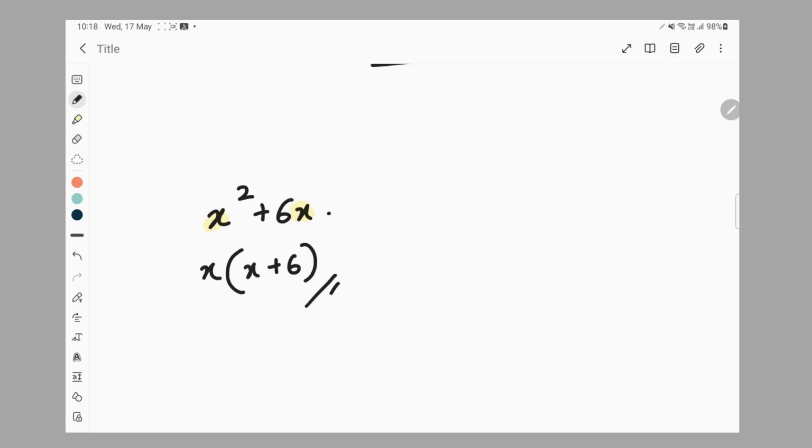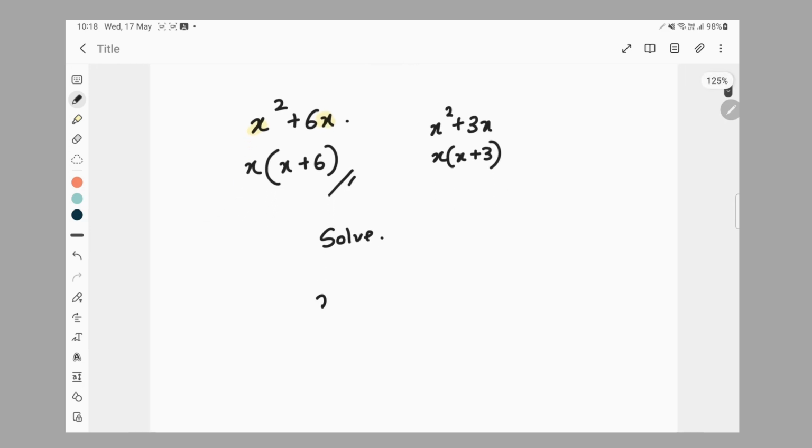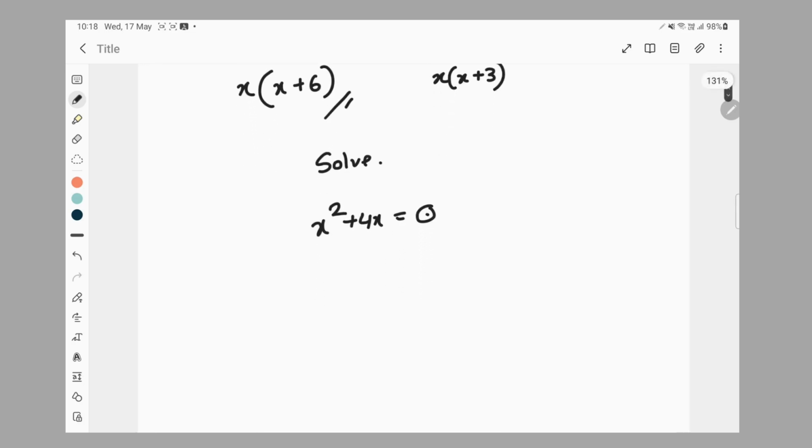Do you understand? Alright, let's take another term, x squared plus 3x. If you take x out, it's x plus 3. Alright, if they give a question which says solve and give something like x squared plus 4x is equal to 0, how do you solve this?